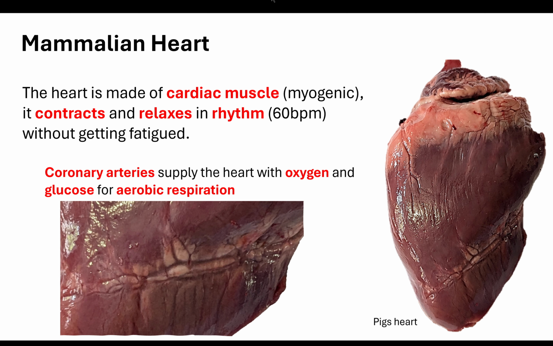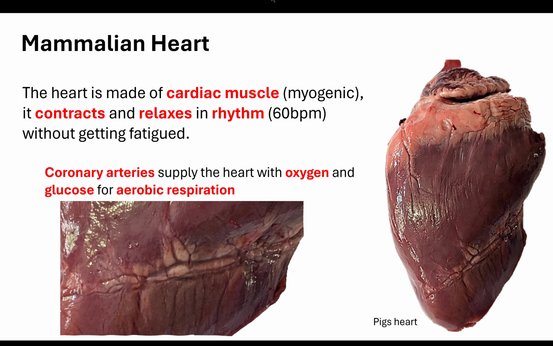For the contraction and relaxation of the muscles, we need the production of ATP, and therefore we need aerobic respiration to occur. So it's important to note that if there's any blockages in the coronary arteries, that can lead to things like coronary heart disease, or it can lead to a heart attack.